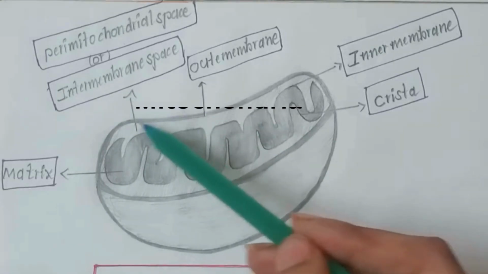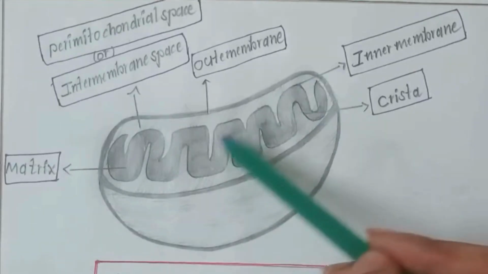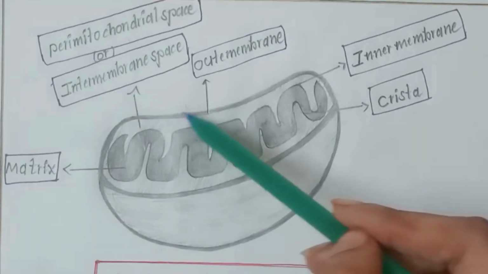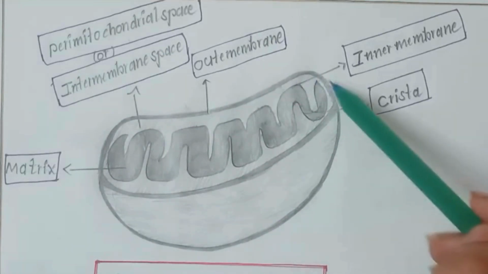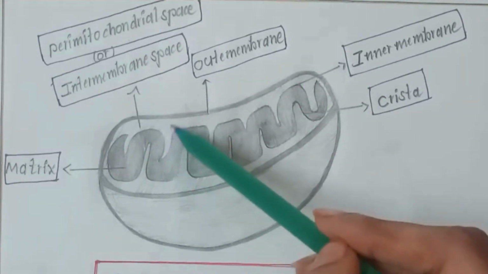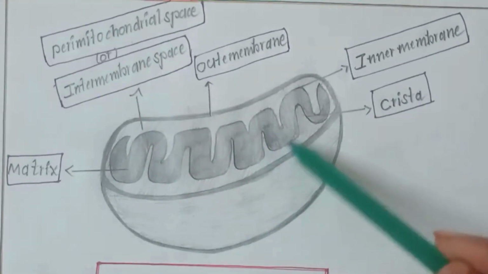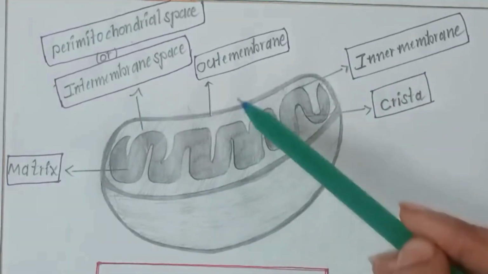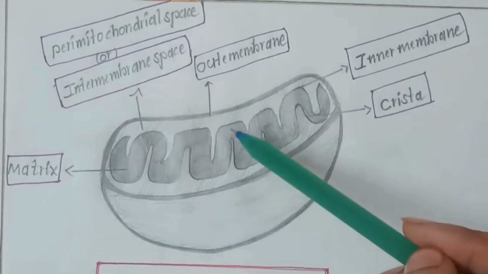Coming to the structure, it is a double membrane bound organelle which contains two membranes, that is the outer membrane which continues as the limiting boundary of the mitochondria, and the inner membrane which forms a number of infoldings known as cristae. The lumen of mitochondria again divides into two compartments.